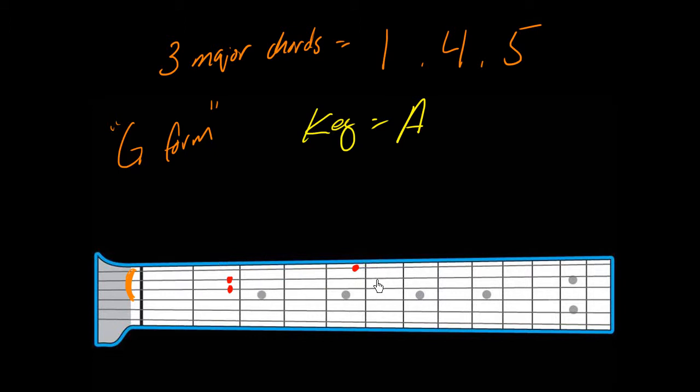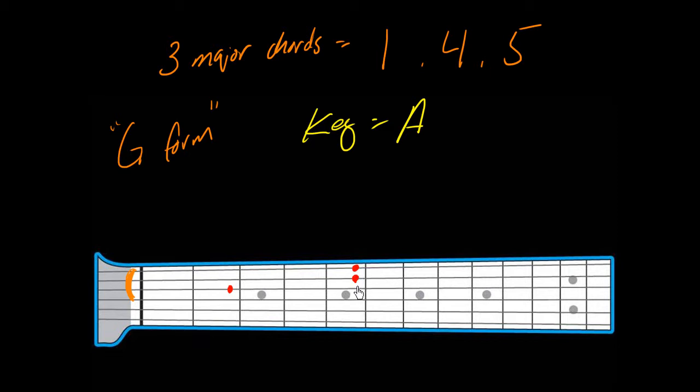In fact, this way is probably more used as a 1 chord in the G form in the key of A, where you have to remember all these things because it all changes as soon as we change either the form or the key, is to actually play this note right here up like that. So let me remove this note. Okay, so this is a different way of playing the 1 chord.